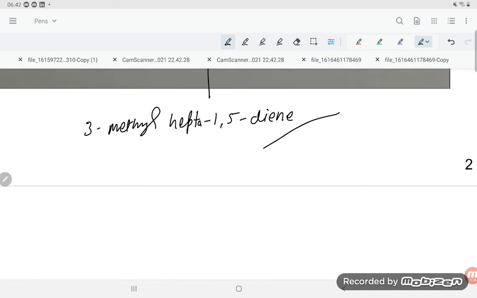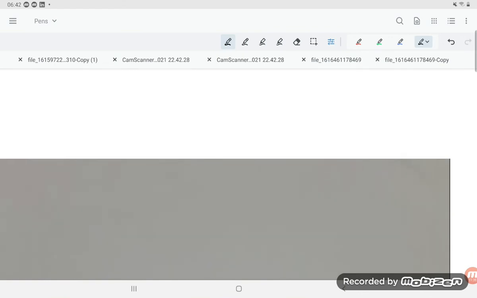Let us have a look at the next problem, students, next IUPAC name. How can you write the name of this compound, dear students? Suppose similar compounds are there. Better we can go for the cyclic compound, student, then we will try to go for cis and trans. So how can you write the cyclic alkene compound and the other compounds?